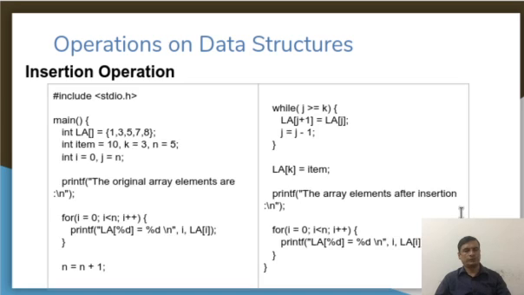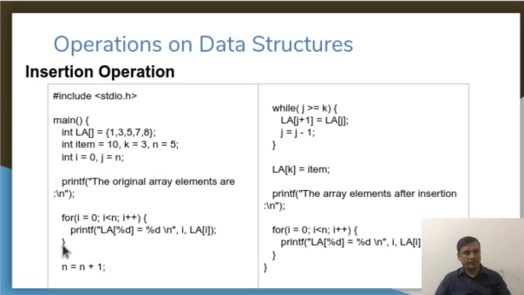So this is the simplest program, which illustrates how the item 10 is going to be inserted into the linear array consisting of 5 elements: 1, 3, 5, 7, 8. The 10 is going to be inserted into the linear array at index 3. So 0, 1, 2. After 5, it is going to insert the element 10.